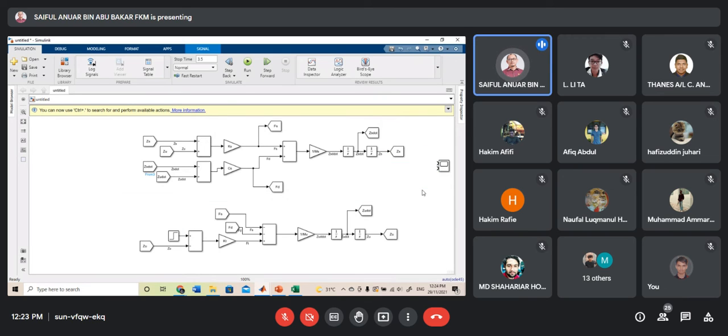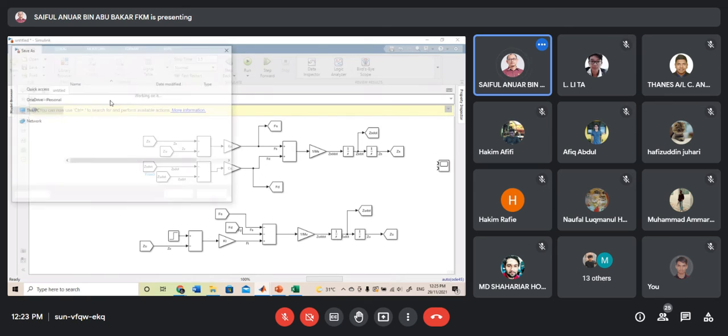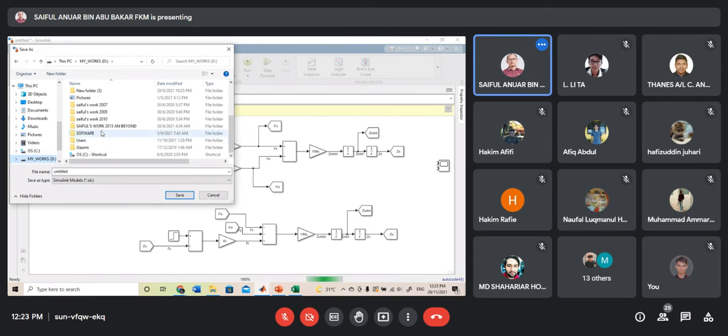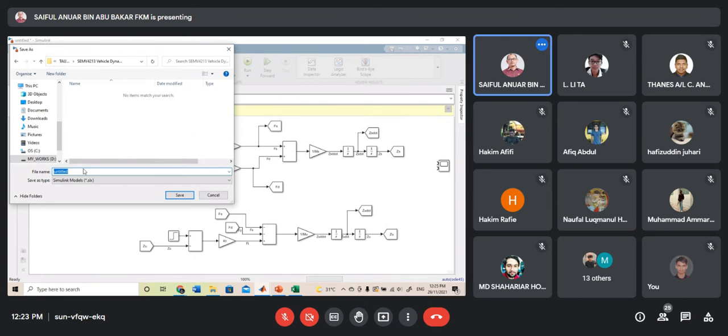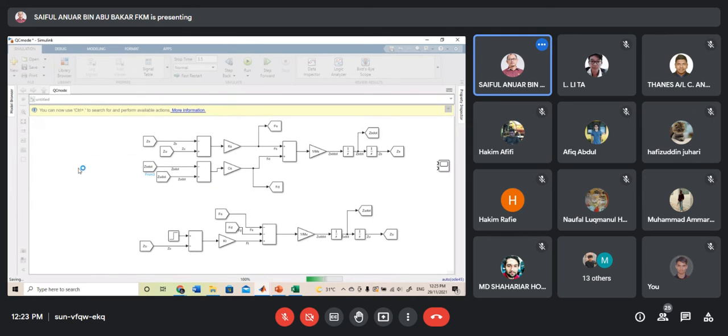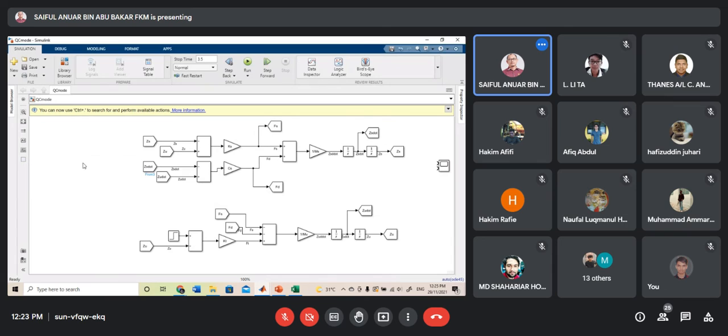Okay, now, usually in a simulation model or control system, whether it's a conventional model or an advanced model which comes with the control system, we usually arrange the simulation blocks to represent phases of input, processing, and output.